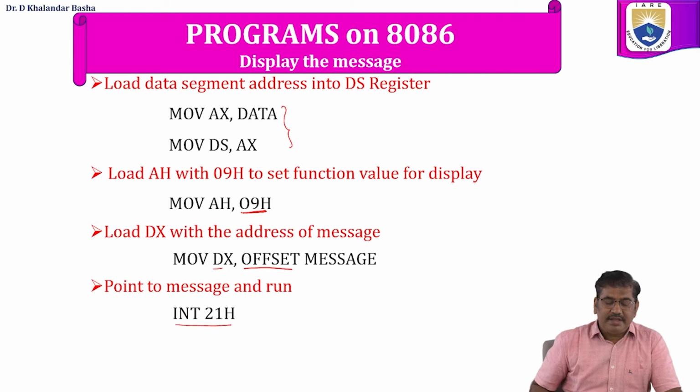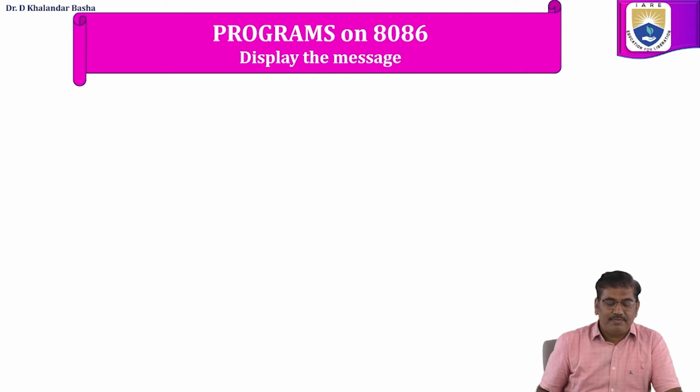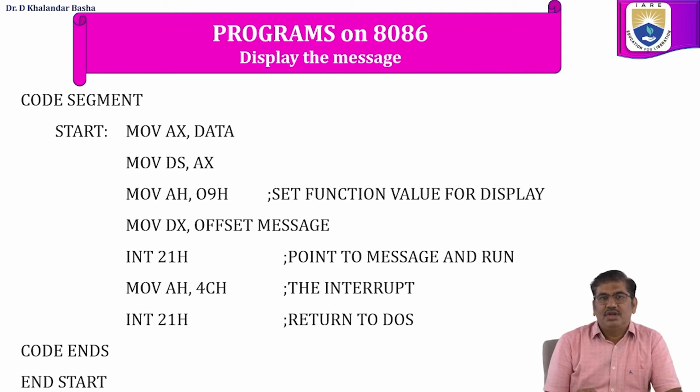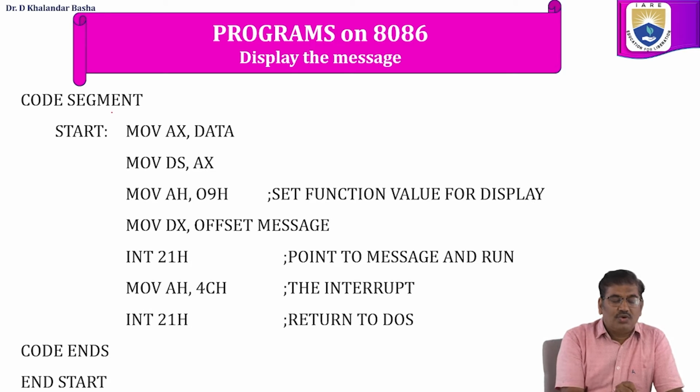Once the message is displayed on the CRT, we have to terminate the program. For that, we use MOV AH, 4CH and INT 21H. Now the program at a glance. CODE SEGMENT indicates the start of the code segment.